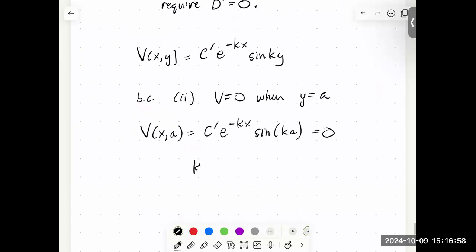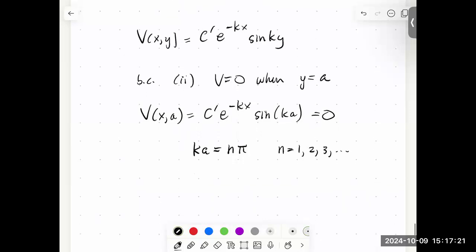K has to be n pi, but not n equals 0. Why isn't it n equals 0? If I put in a sine of 0 here, then my potential is going to be 0 for any value of x and y for n equals 0. So we're not going to use n equals 0, but that means k is equal to n pi over a.